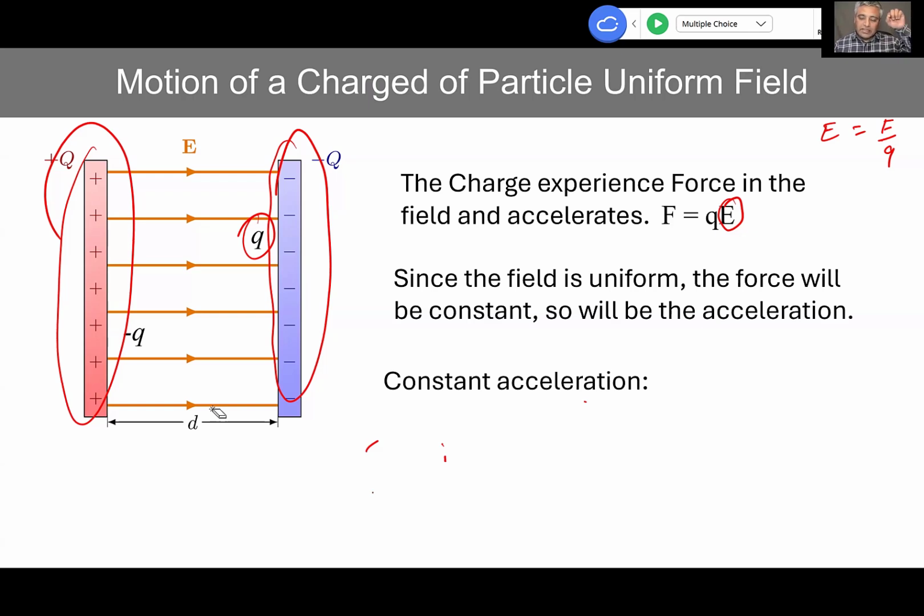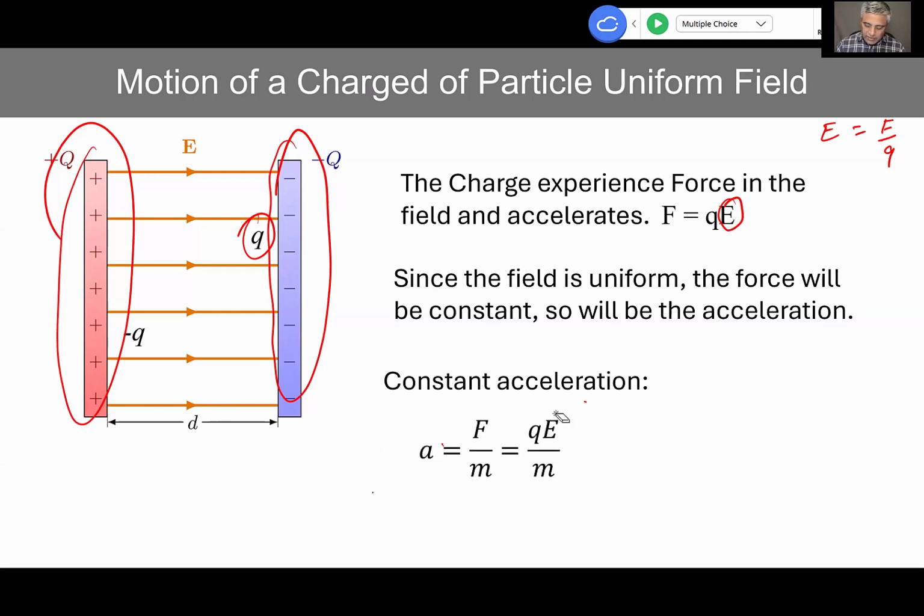If the speed is increasing like 0, 2, 4, 6, 8, that is called constant acceleration. So constant acceleration means velocity is changing at that rate, whatever the acceleration is.